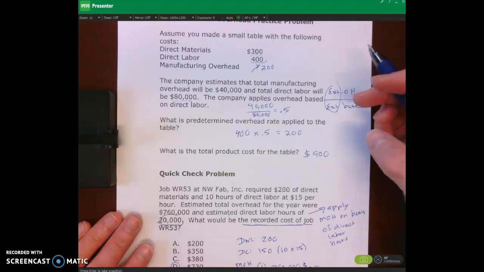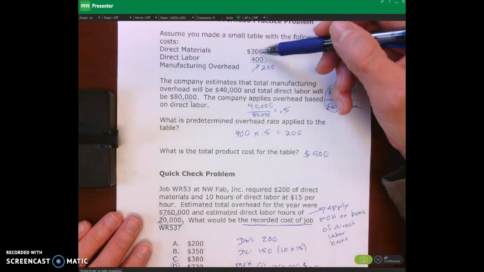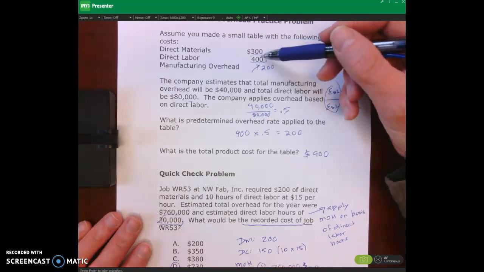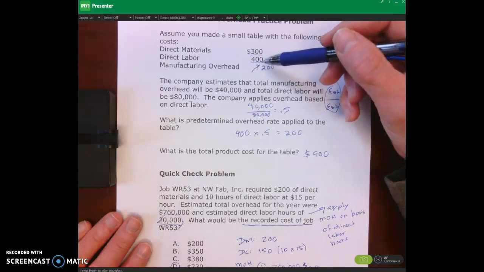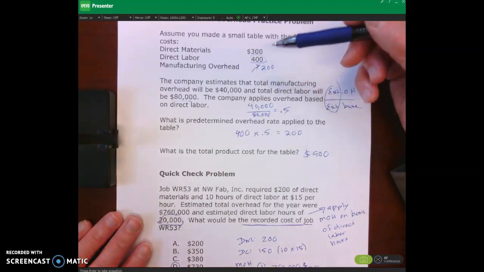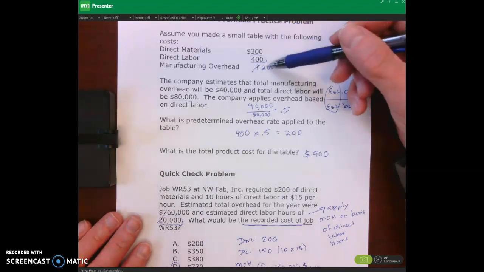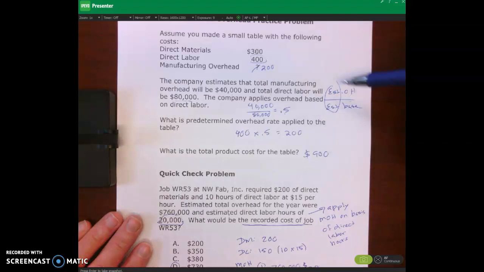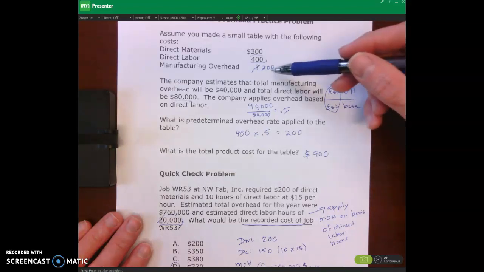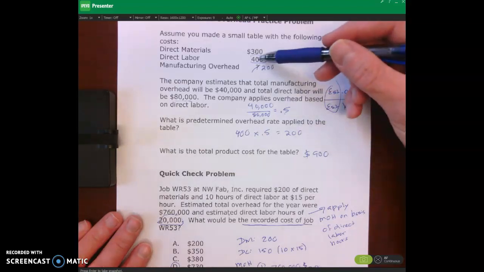Because if somebody has ordered this table from us, and we have to figure out the cost of making this table in order to give them a price, we have to know how much overhead. In order to know how much overhead, we have to calculate the overhead rate and then multiply it times the amount of direct labor that we think we're going to have.